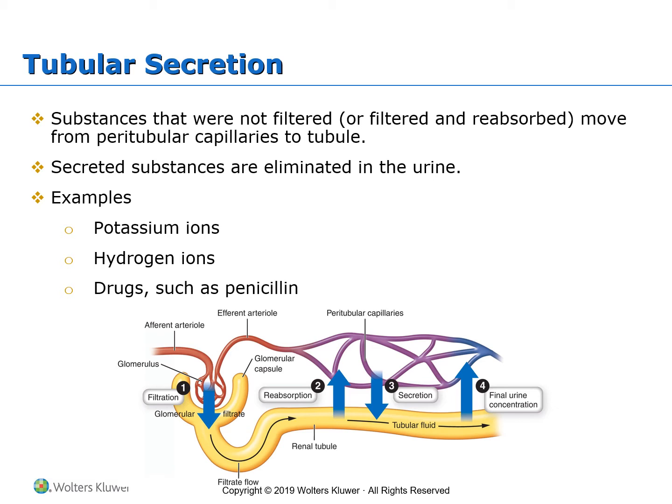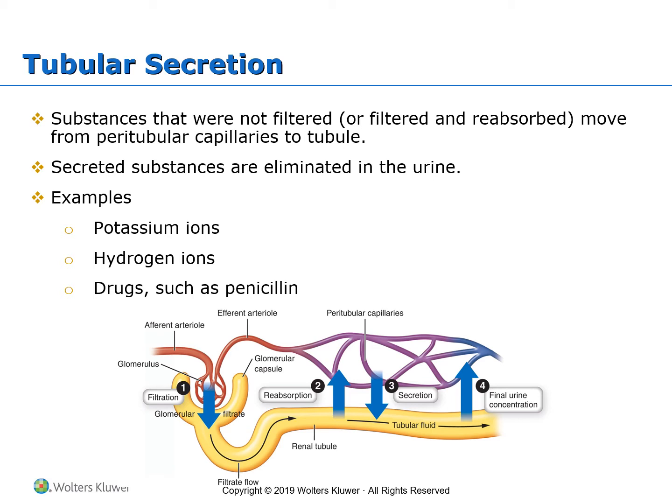Some other elements that will be filtered and cleaned by the body in such a way are also the penicillins, some of the antibiotics. So you can see that this is an active process. We'll need energy from the body in order for it to be produced.